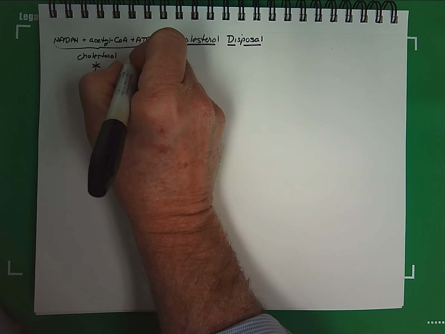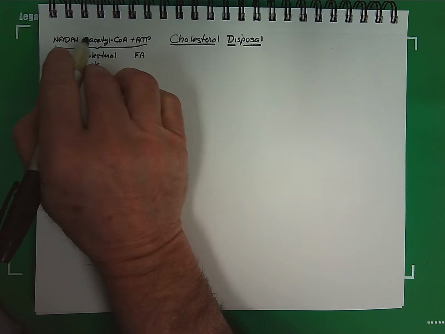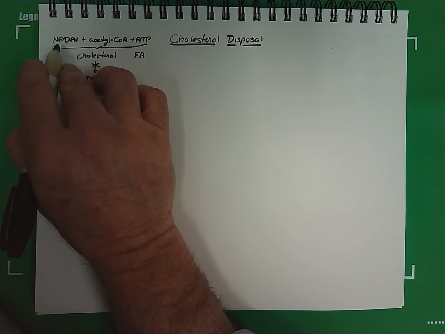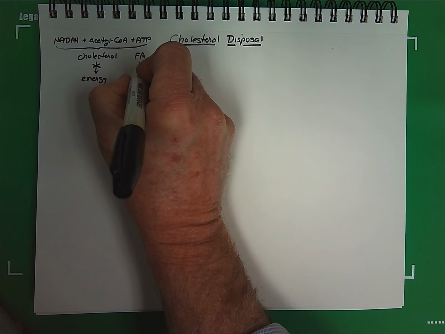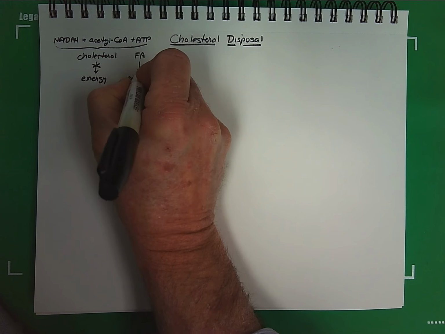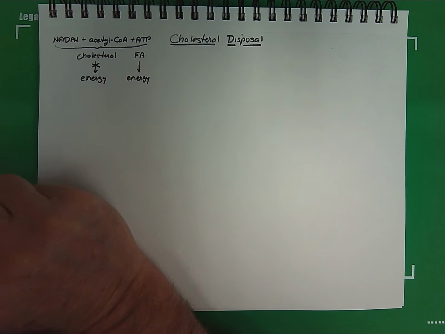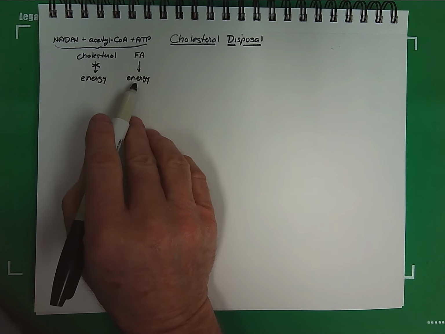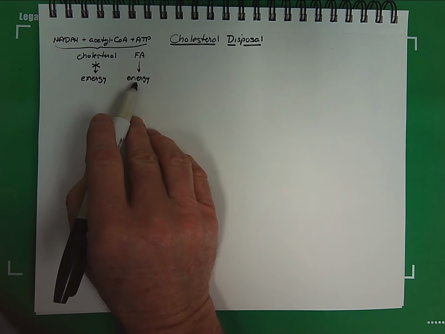We've seen that when we store all of our acetyl-CoAs in the form of fatty acids using lots of NADPH, ultimately we can take this and we can derive energy. So the storage of energy as acetyl-CoA and fatty acids is reversible. So we can extract back the energy, we don't lose it.